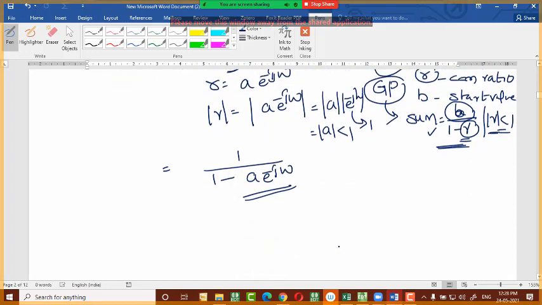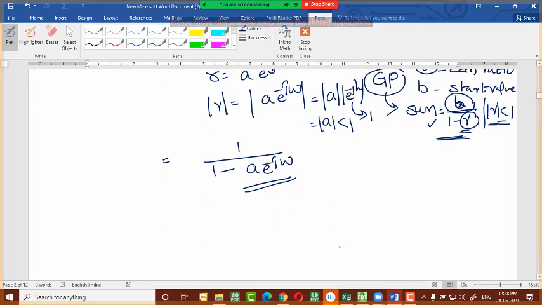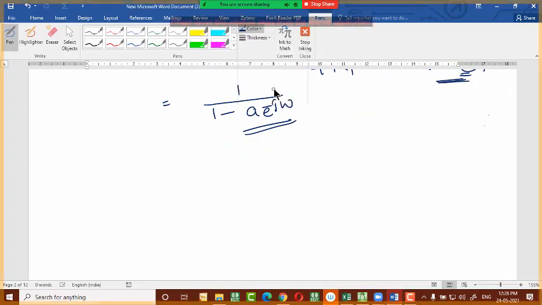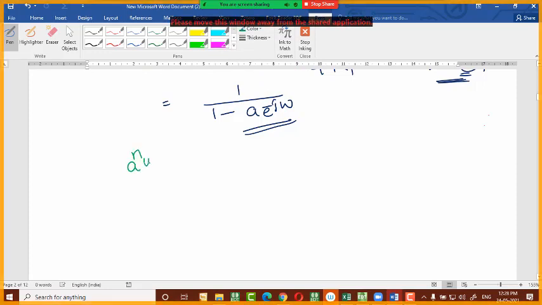So here I am writing a power n u of n, where magnitude of a is less than 1, is having the DTFT 1 by 1 minus a into e power minus j omega.